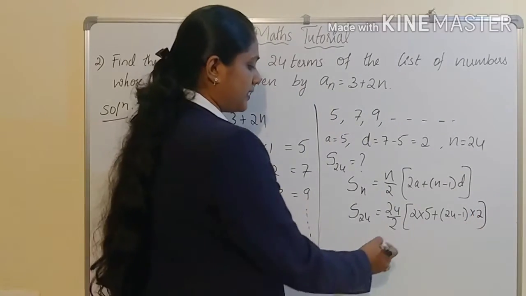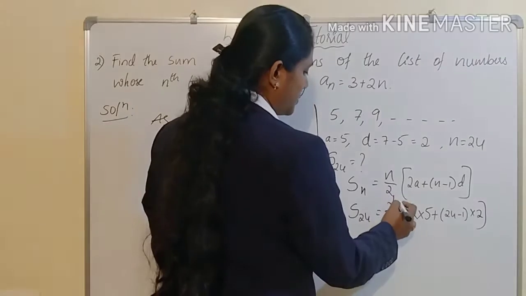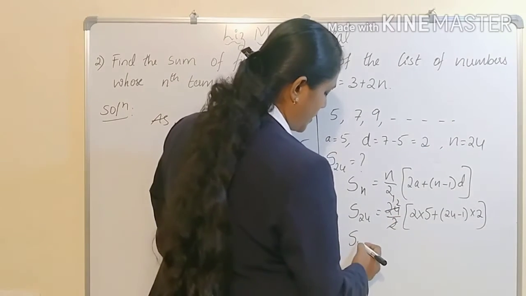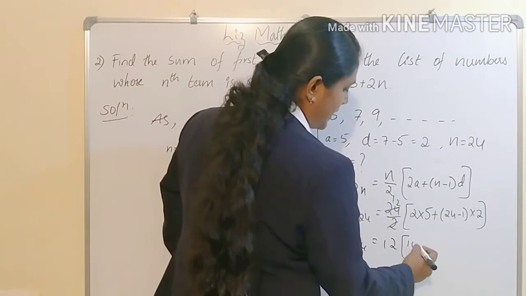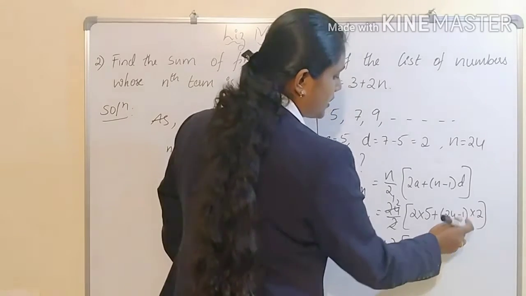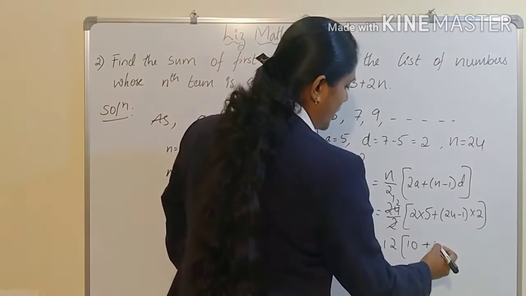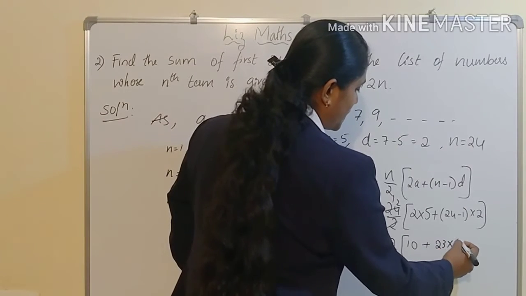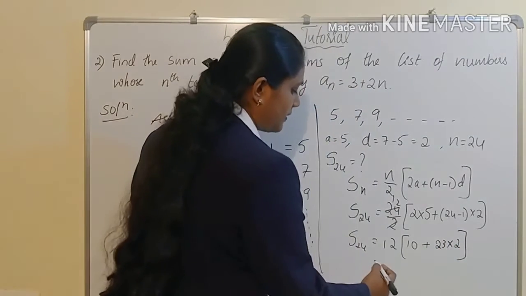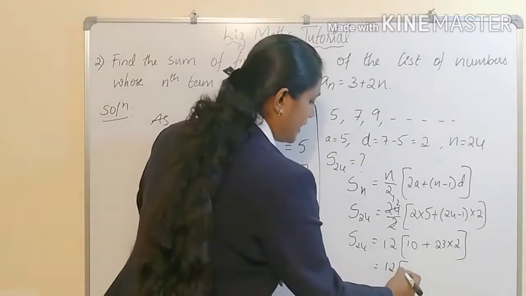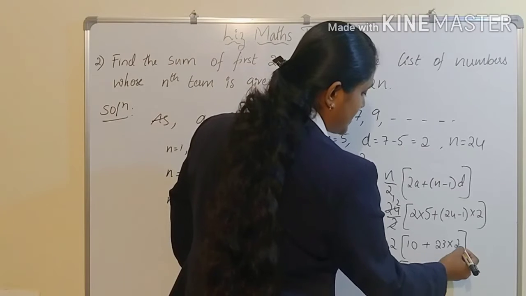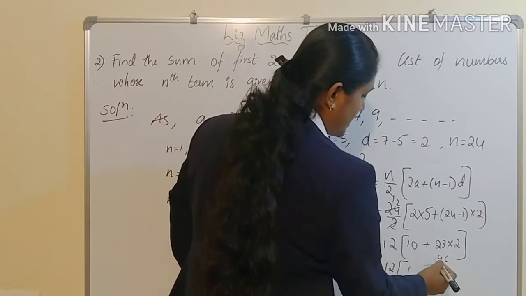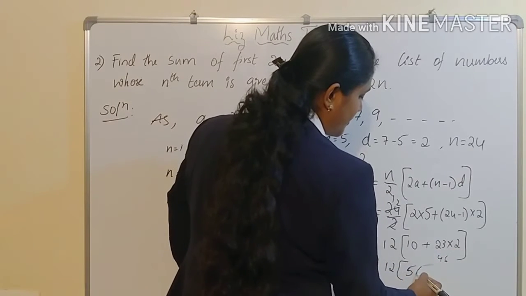Now simplify this. 2 12s are 24, so S24 is equal to 12 into 5 2s are 10 plus 24 minus 1, 23 into 2. Now simplify: 2 3s are 6, 2 2s are 4, 46 plus 10 is 56.